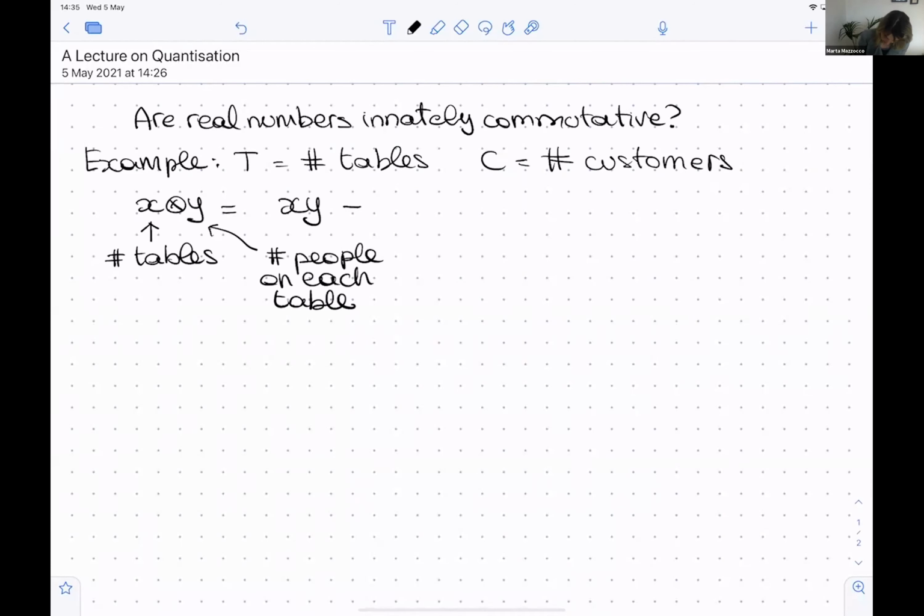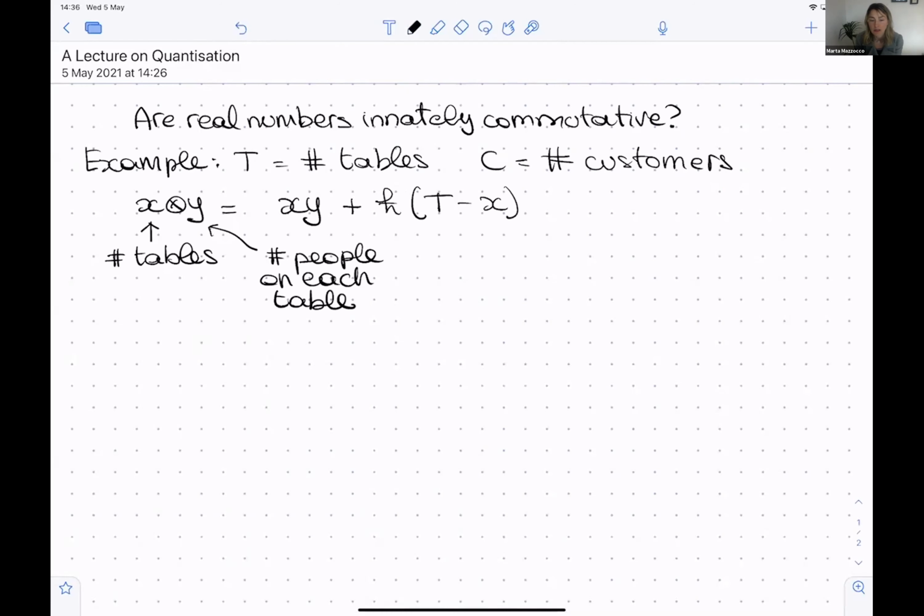But then I might think about how many other tables I've left, and I want to retain this information. Because if I receive some phone calls, even though maybe I can cater for all those people, I might have many tables occupied and I might not be able to book for further tables.